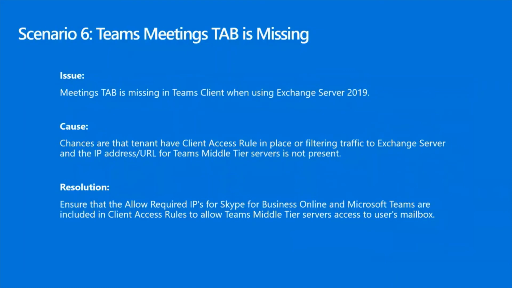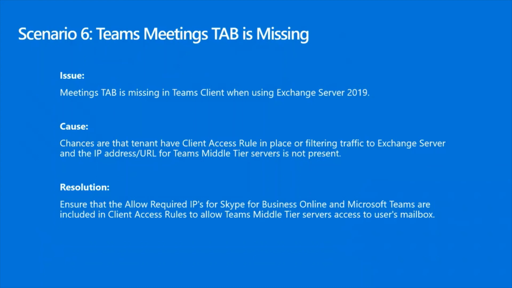One of the scenarios that we have seen is the meeting tab missing in the Teams client when using Exchange Server 2019. Mostly we have noticed that the tenant has a client access rule in place, or is filtering traffic to Exchange Server, and the IP addresses or URLs for the Teams middle tier service are not present.